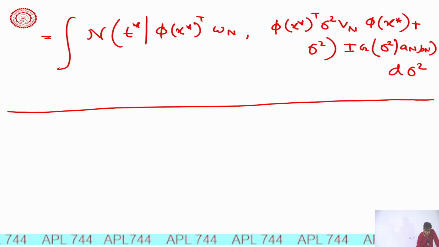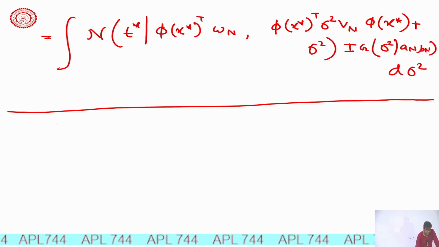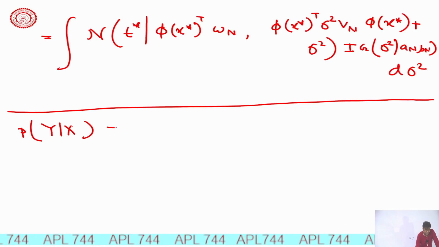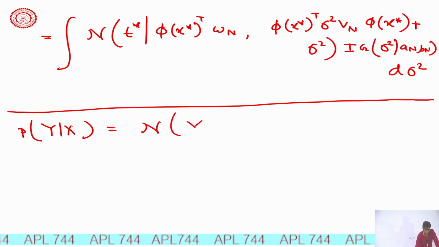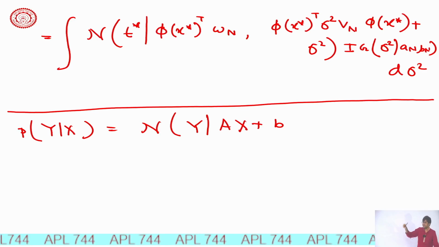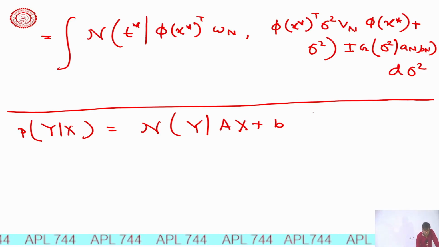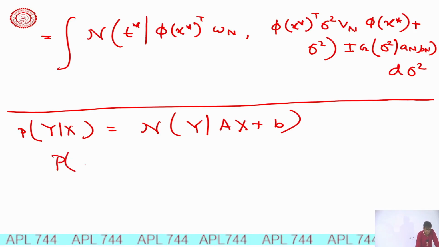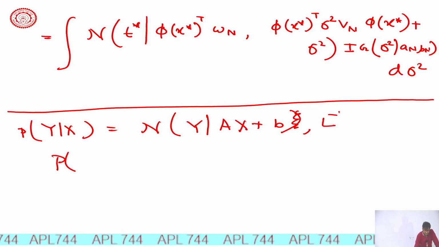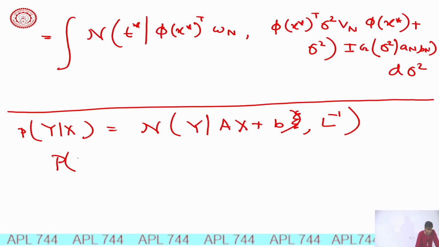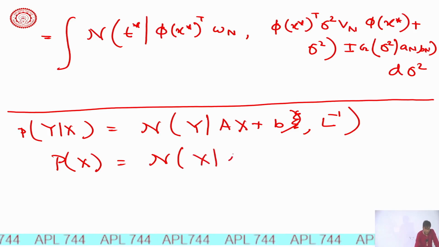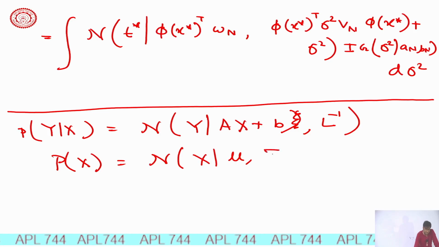So last time we were saying that suppose there is y given x is a Gaussian over y given ax plus b, where A is a matrix, x is a vector, b is a vector. And we also said that, okay, there has to be a variance also, L inverse, let's say. And then x given mu comma sigma inverse.